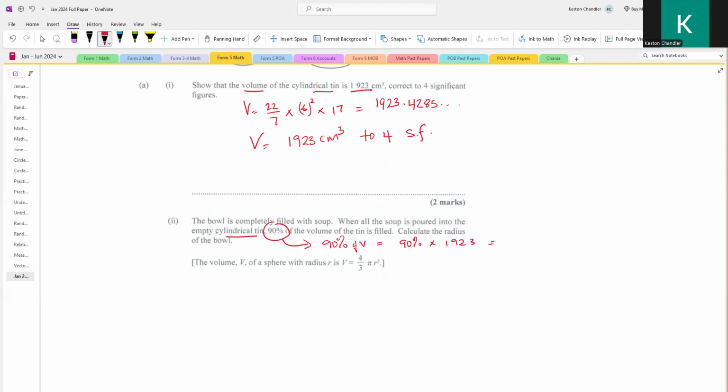So 90% of that, 0.9 multiplied by 1923 is 1730.7. So the volume, therefore, of the bowl is 1730.7 centimeters cubed.